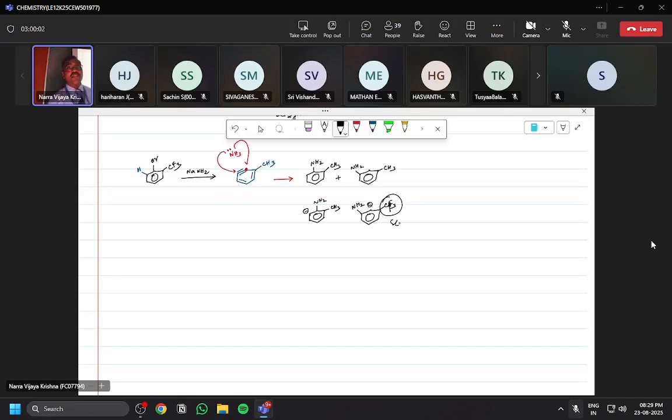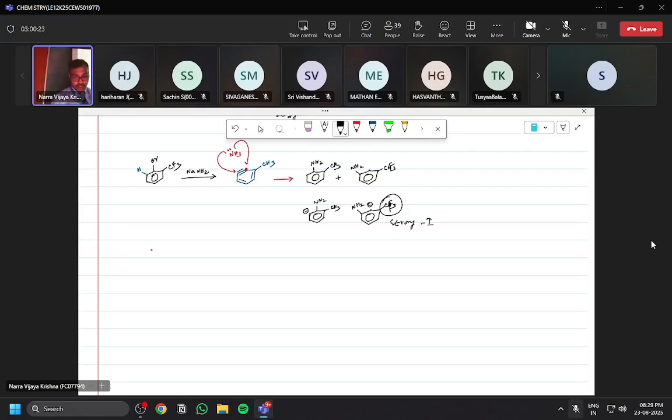Correct or not? As this is a strong minus I group, you are getting negative charge, so this becomes major. So meta becomes major if it is CF3. Clear? If it is a donating group, then ortho becomes major. Is it clear?